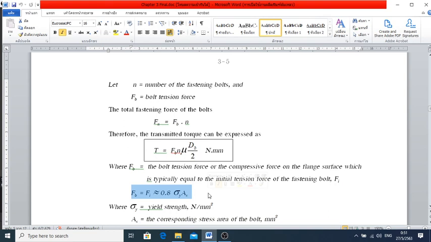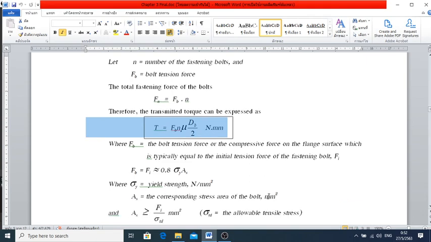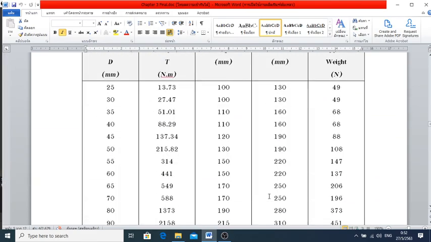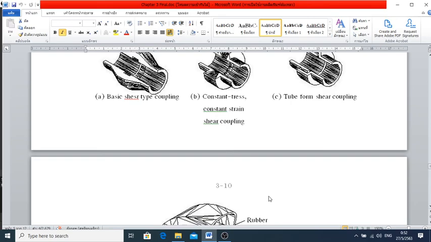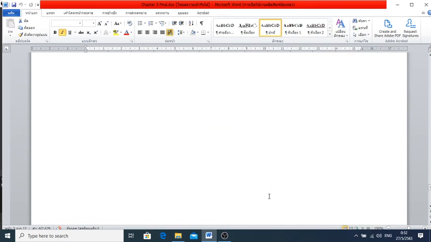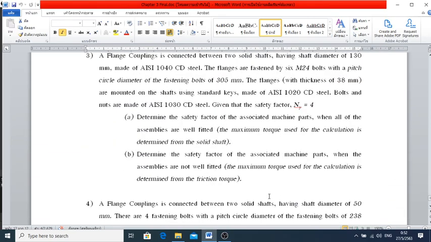So the maximum torque applied on it is given by this equation, and we can determine everything with the torque, and then the safety factor of each machine component in a stepwise manner, like in the example. Please practice it by yourself, as in the example I showed above for problem number 3.